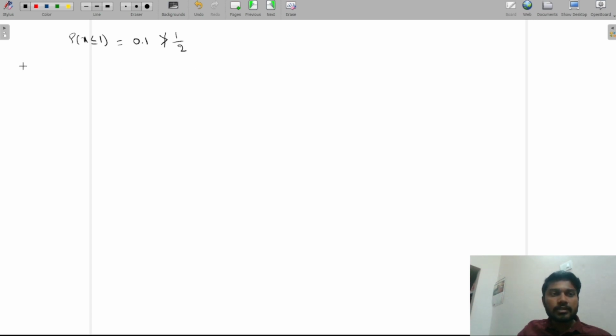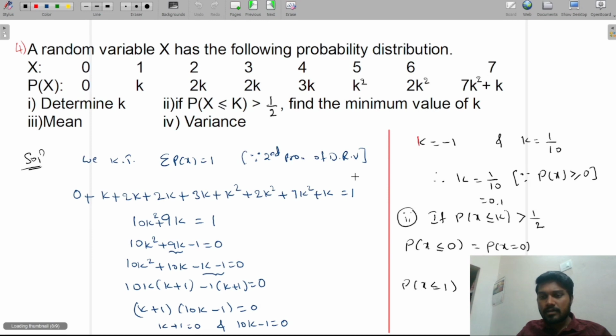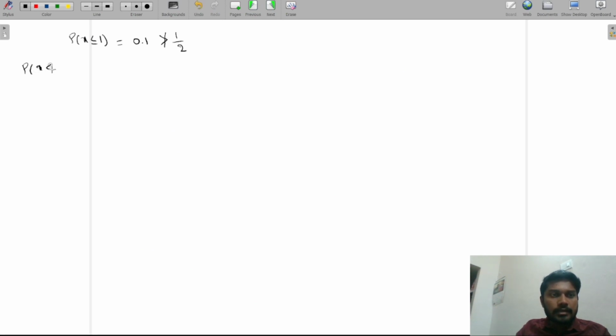So can I say this also does not exceed 1/2? Yes. So previously I substituted 0 and 1. Now I'm substituting 2 in the place of k. Then I will identify whether my probability exceeds 1/2 or not. So P(X ≤ 2), I'm substituting. What are the values for x? 0 and 1, and next x equal to 2. At x equal to 0, what is the probability in the table? 0. At x equal to 1, probability k.